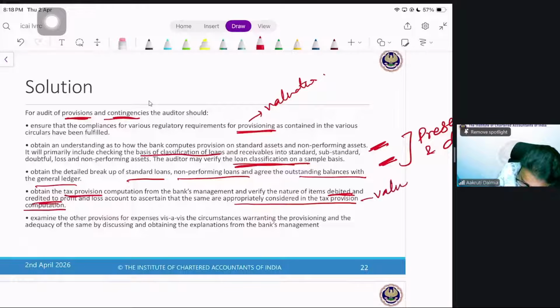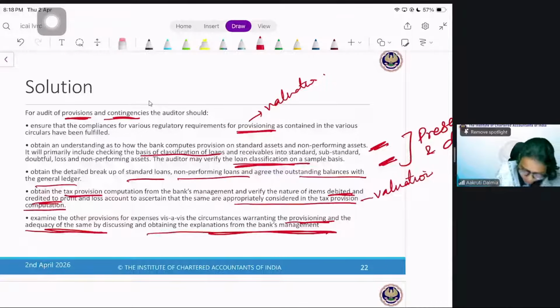Again, you are doing valuation. Examine the other provisions for expenses, that is circumstances, provisioning and adequacy of the same by discussing and obtaining explanation from the bank's management. So why is provision and contingency a slightly different point? Because it comes under not just a balance sheet item but presentation and disclosure.